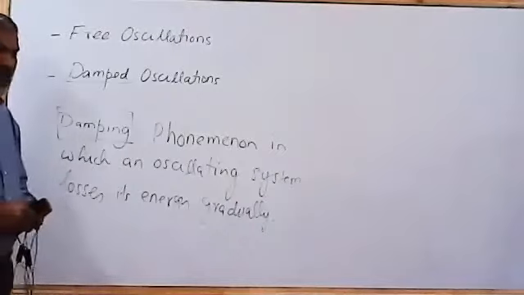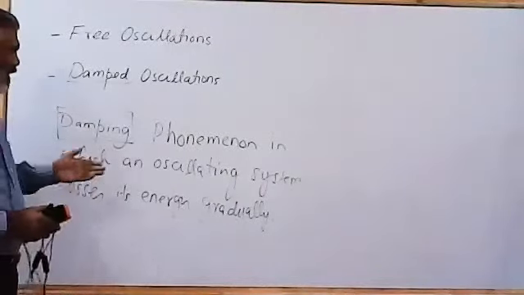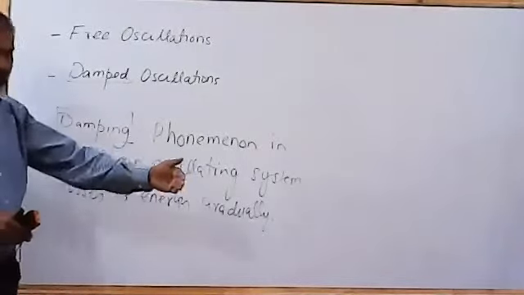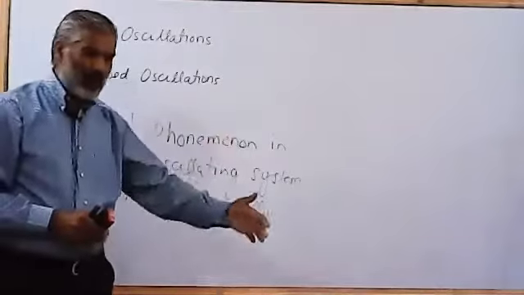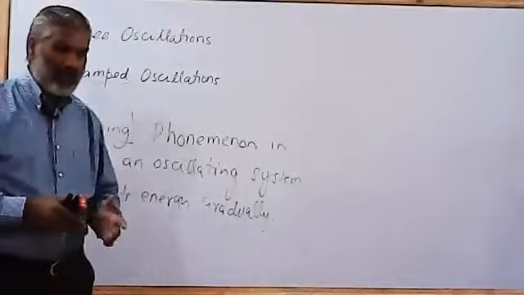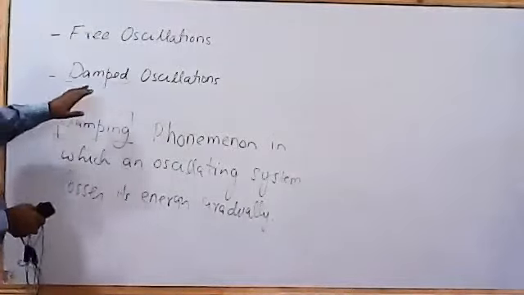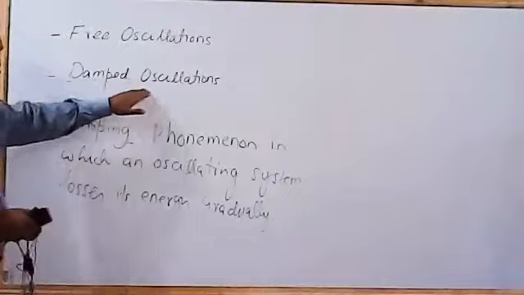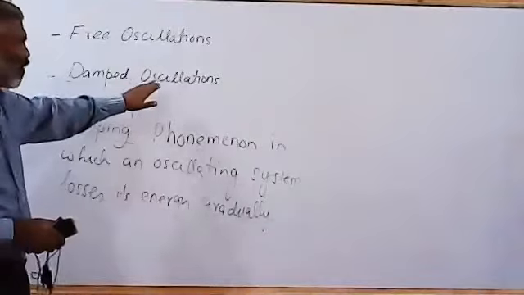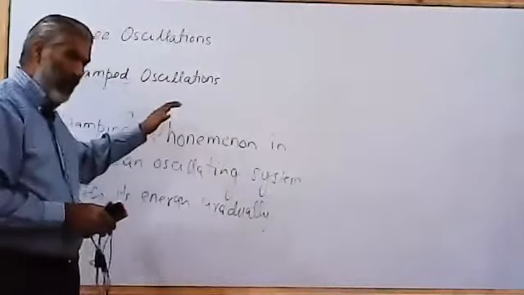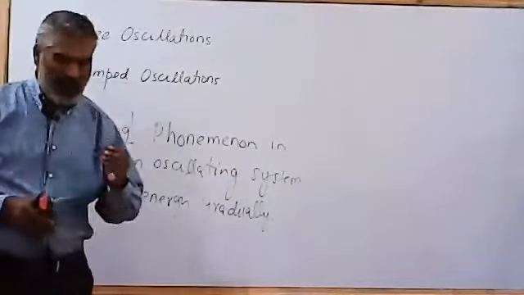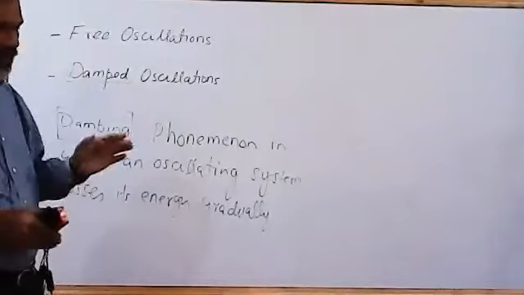But if we have not introduced any damping and it goes on losing its energy gradually by small amounts during each oscillation, then of course it is light damping, and the system is said to have undergone damped oscillations if it goes on oscillating, but during each oscillation it loses some of its energy. So damped oscillations is a fact of life in which some energy is definitely lost during each oscillation.